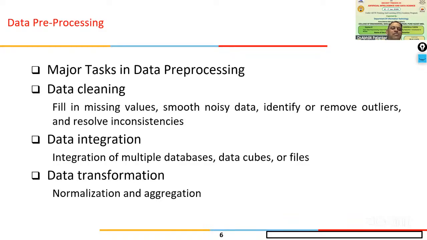Then smooth the noisy data by applying binning and mean or mode methods, and identify or remove outliers, data which is not at all required and is not part of the purpose for which you are gathering the data.